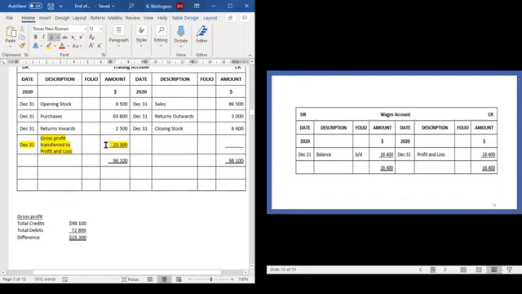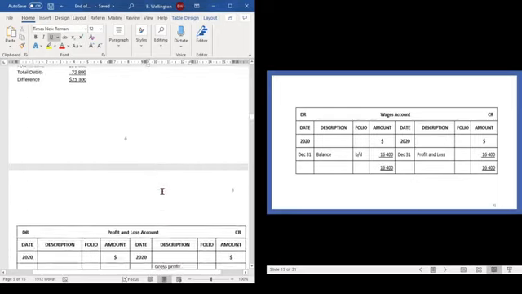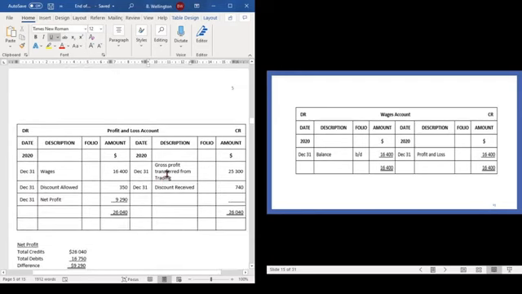And so instead of saying gross profit carried down, we're going to say gross profit transferred to the profit and loss account, and that will complete the double entry. Okay, debit the trading account, credit the profit and loss account. So here is your profit and loss account with the credit entry in it. This is the gross profit that was transferred from the trading account.